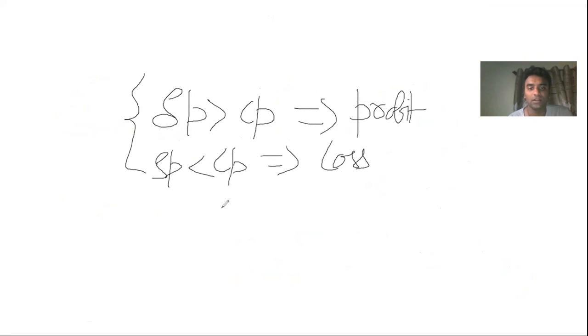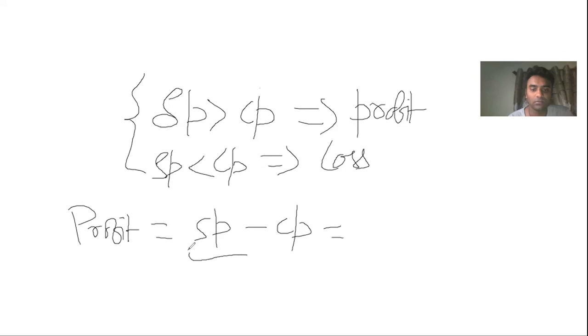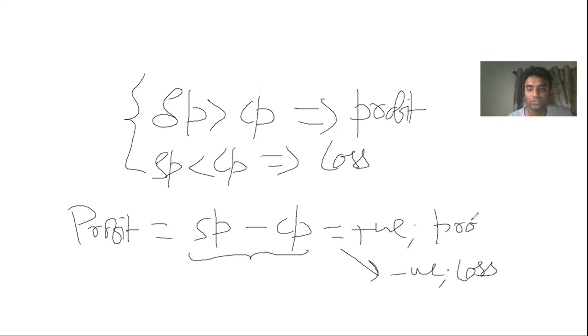Or in other words, SP minus CP is nothing but profit. If this equation comes out to be positive, then we have profit. If it is negative, then we have loss. So this is what the generalization is.